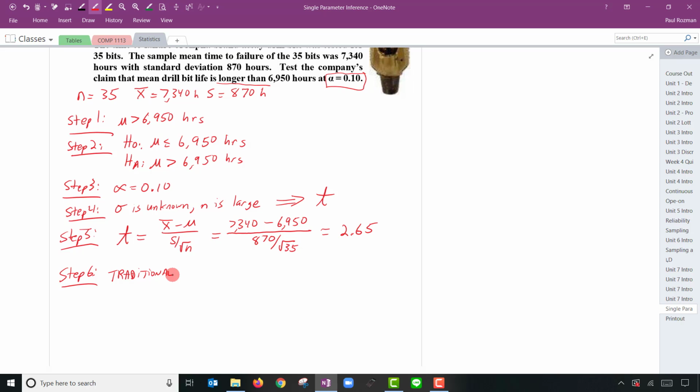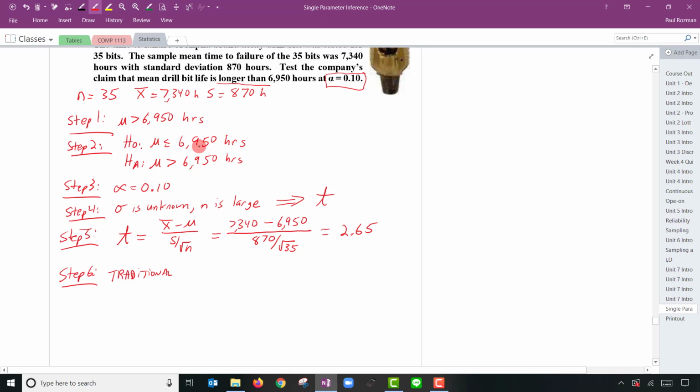Is this a two-tailed test? One-tailed test? If it is one-tailed, which direction is it? We'll take a look at this thing. The null hypothesis is that the mean is less than or equal to 6950. So values of even a weird value like 5 hours wouldn't disagree with this null hypothesis.